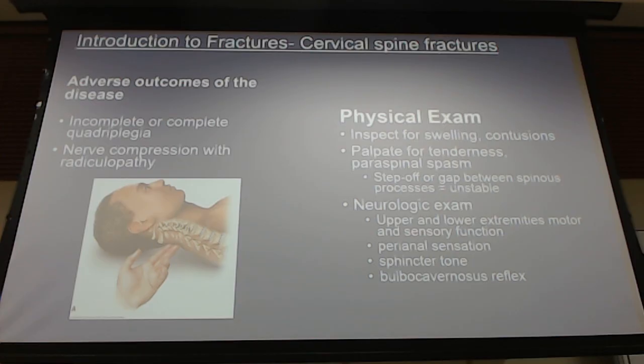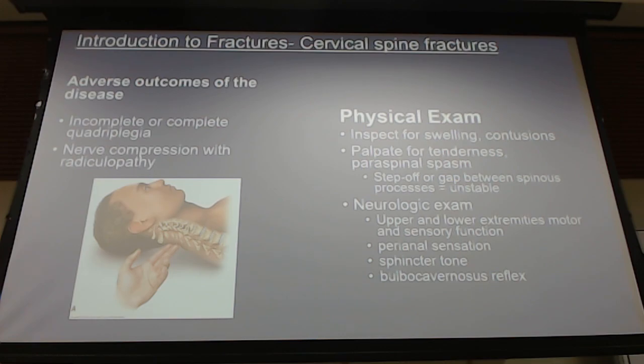Any patient with a spinal injury, whether it's C-spine, T-spine, lumbar spine, you absolutely have to do a neurovascular exam. You should do a neurovascular exam for any patient, but for patients with spinal cord injuries or potential spinal cord injuries, you have to do a neurological exam. Okay? We talk about some of these reflexes, right?